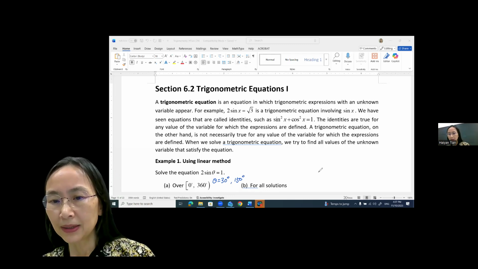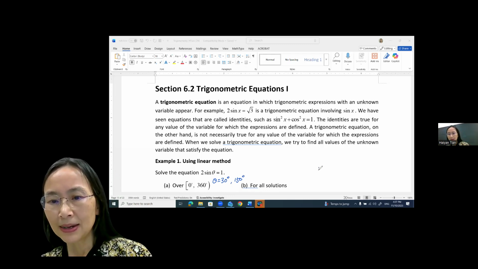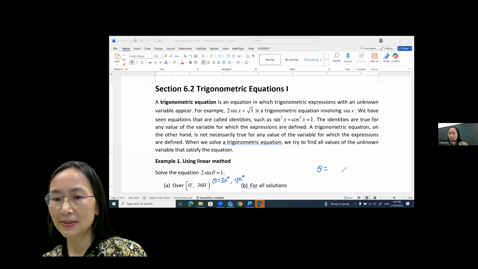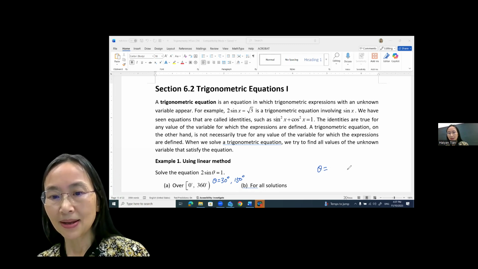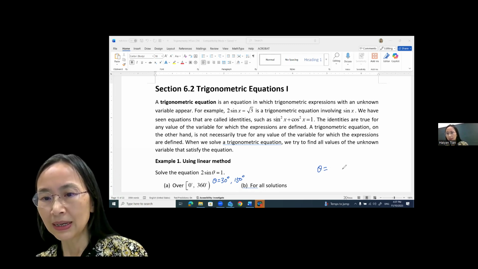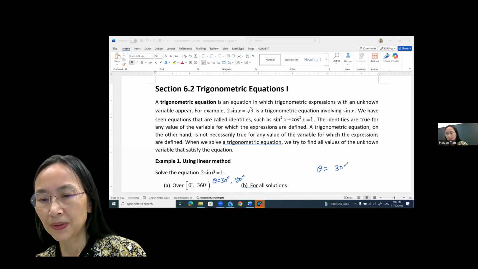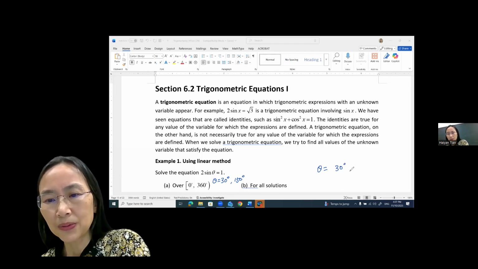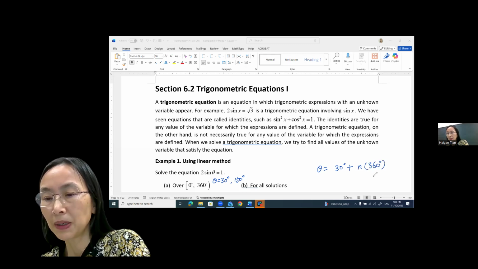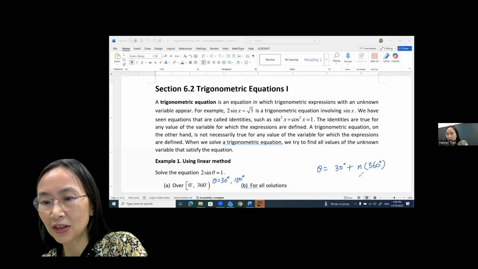And we know that as long as an angle has the same terminal side, the sine value will be the same. So let's list all the angles that share the same terminal side as 30 degrees. If we add n times 360 degrees, that's a complete rotation, where n is an integer.